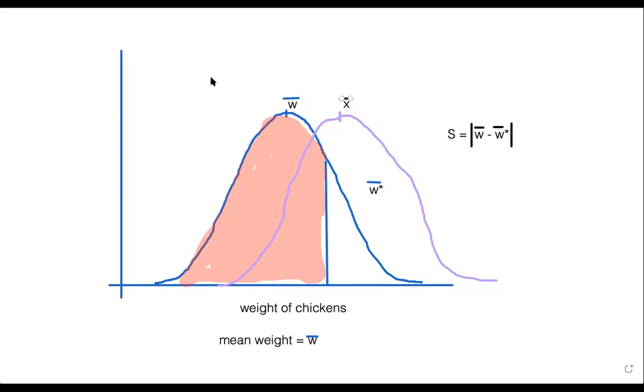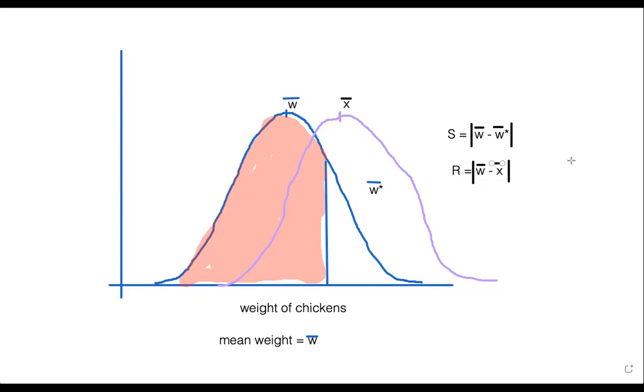The response to selection is going to be equal to the absolute value of the difference between these two means. If that difference is very low, then selection didn't do very much.